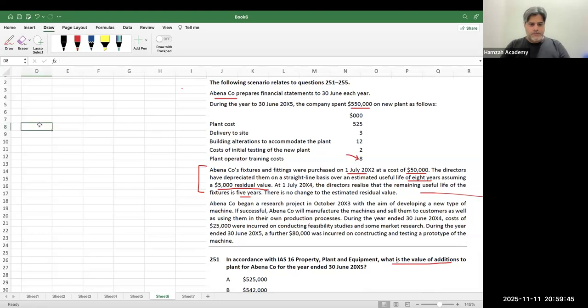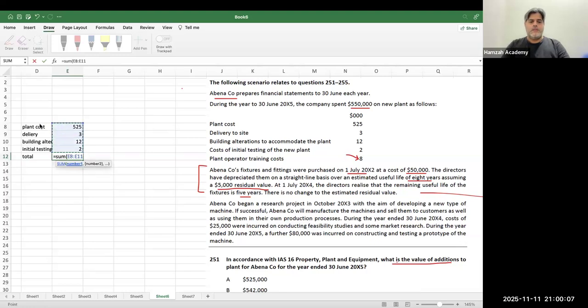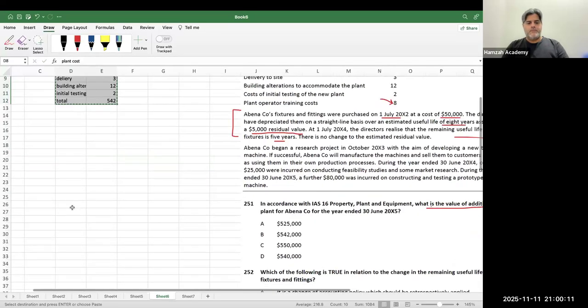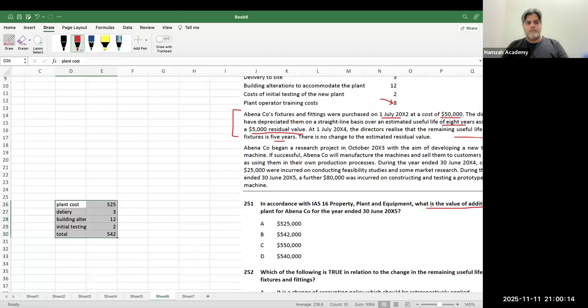So we are going to have the plant cost 525, delivery with the 3, building alterations 12, initial testing with 2 only, right? Operator cost is something we are not going to have. So that's going to be 542. This is the answer.